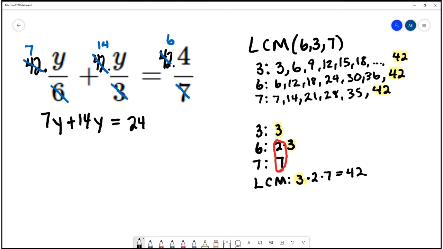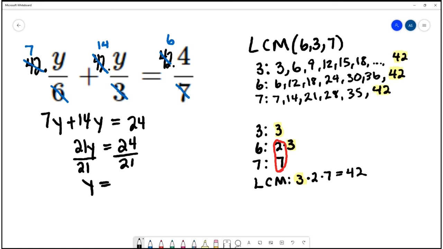Now we can solve the equation without having to deal with those fractions. On the left-hand side, I have some like terms, and I'll combine those together. 7y plus 14y is 21y equals 24, and I'll isolate y by dividing by 21. We get y is equal to 24 over 21.